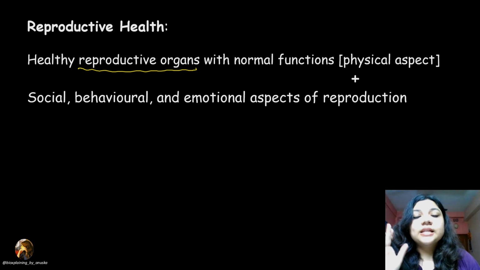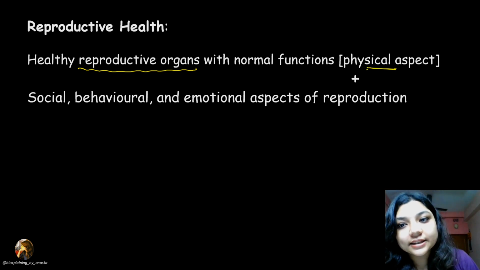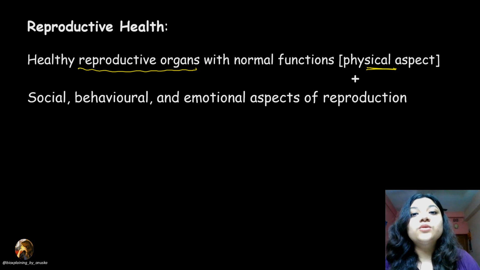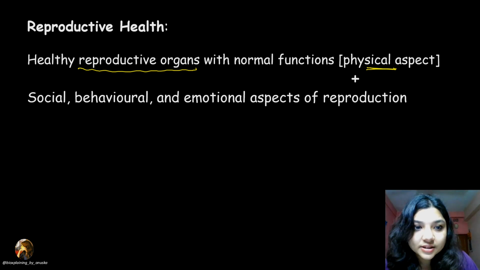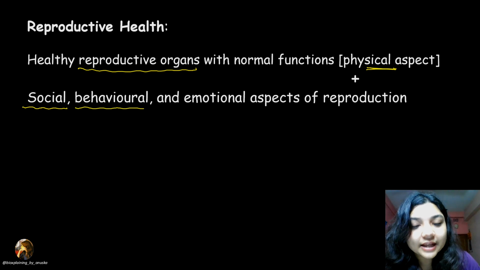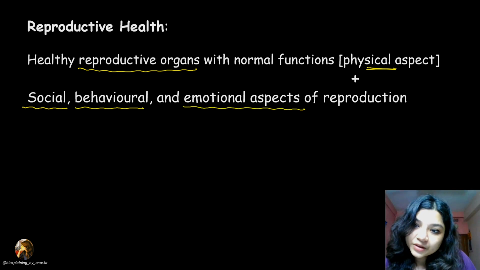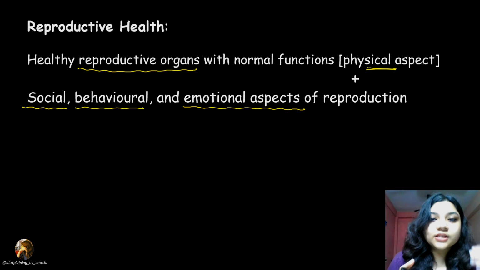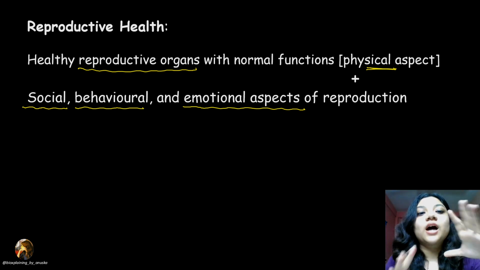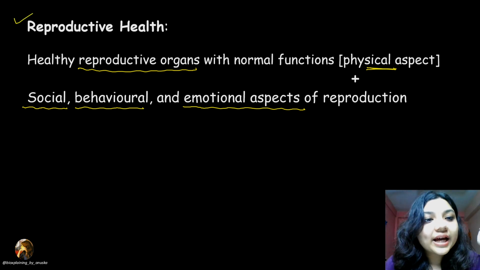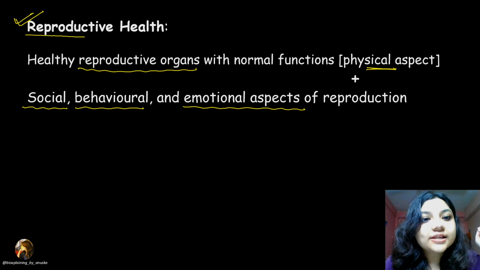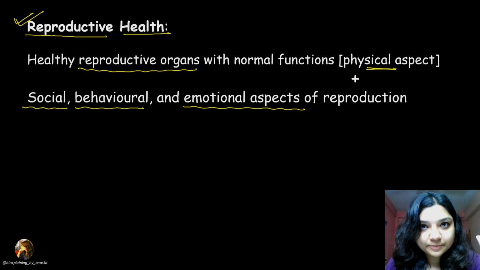So all these mean the reproductive organs are physically healthy. But along with that, we need to consider whether the social health, the behavioral health, and the emotional aspects are also fine. Only when all of these are healthy and balanced, we can say that a person has good reproductive health.